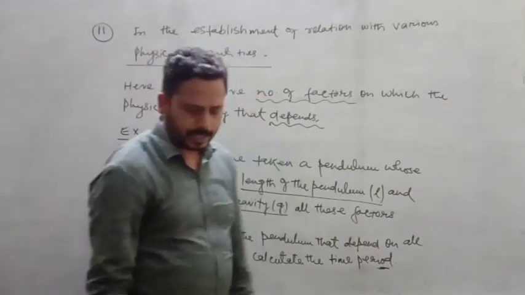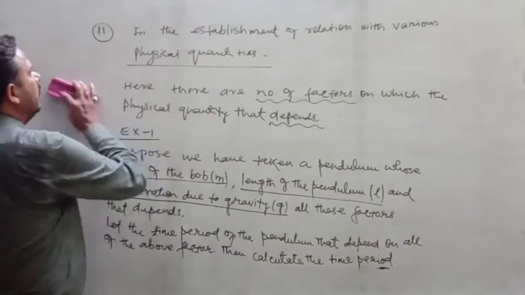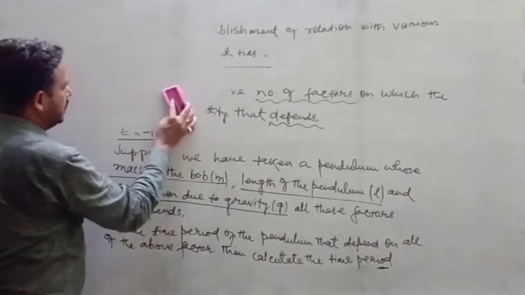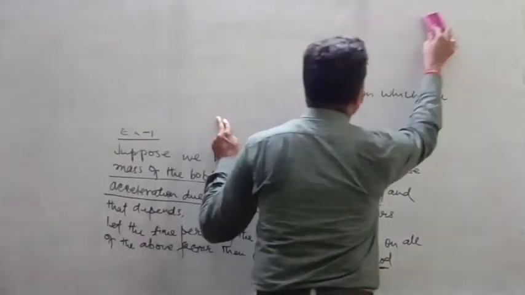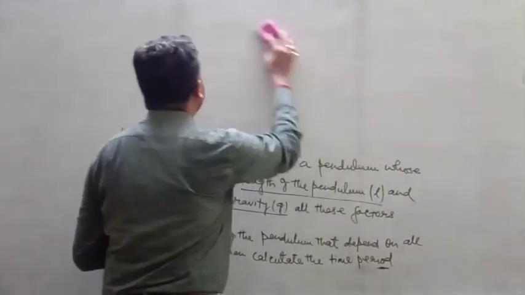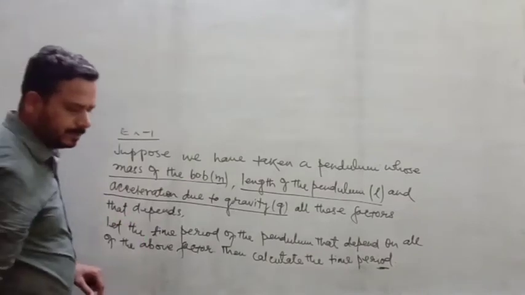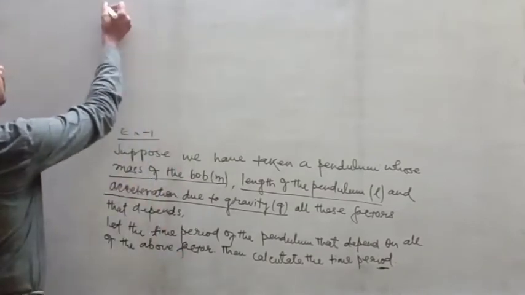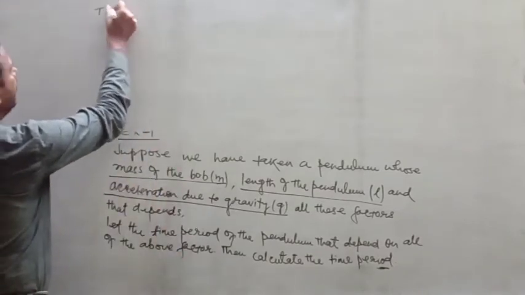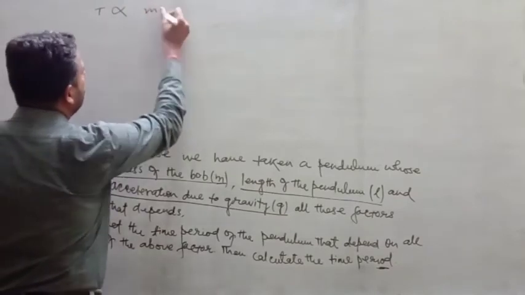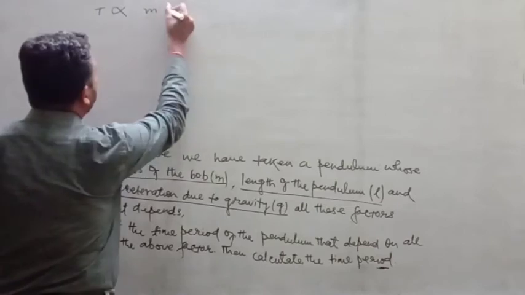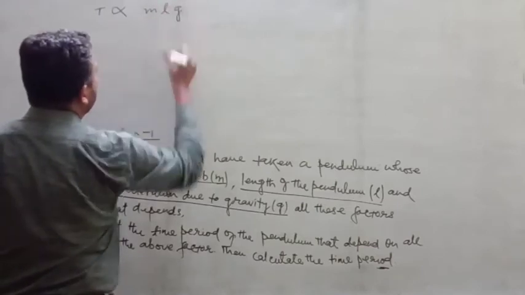So how can we calculate? It is a very simple method. See here. Simply write down that the time period depends on the mass of the ball, the length of the pendulum, and the acceleration due to gravity.